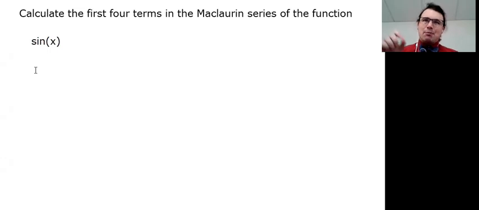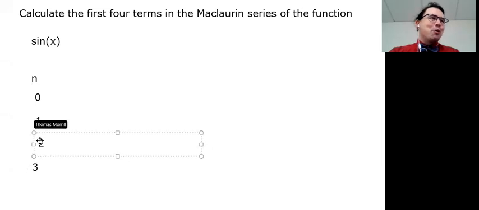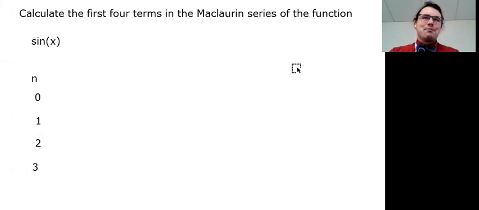The powers of x are going to be the 0th power, the 1st power, the 2nd power, and the 3rd power. So I'm going to build a table where I look at the values of n, starting at 0 and going up to 3. If I start at 0, those are the first 4 integers.